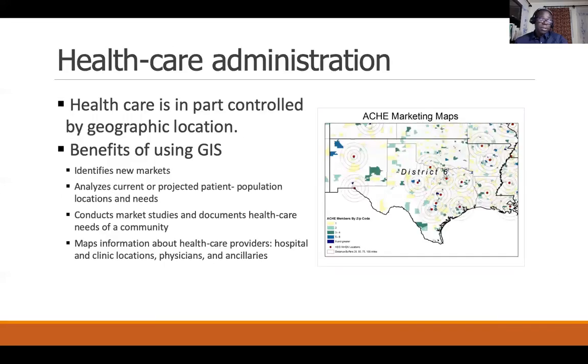We can also see it being deployed in healthcare administration. In fact, healthcare is in part controlled by geographic location, and we can see a number of benefits that can be acquired from using the technology.